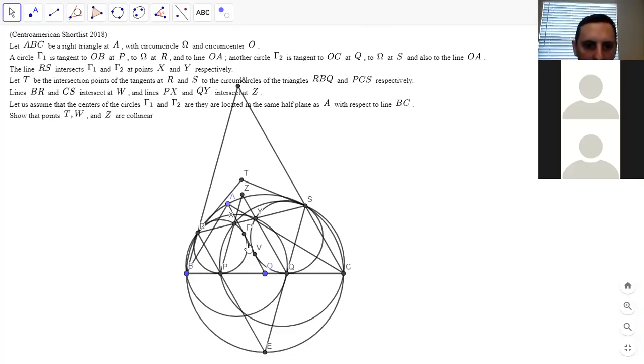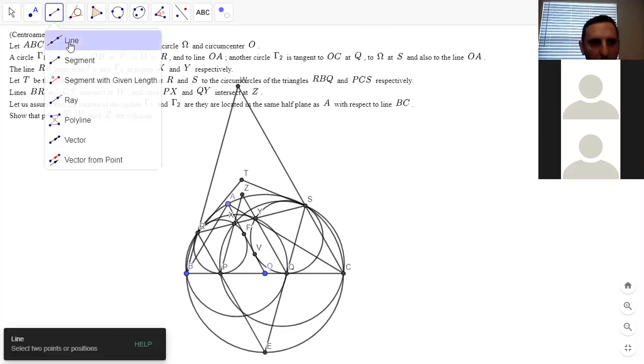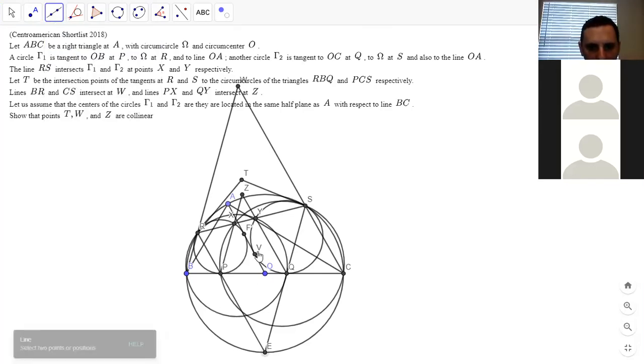So if we wanted, I wonder if they pass through E. If that line, no, it doesn't.